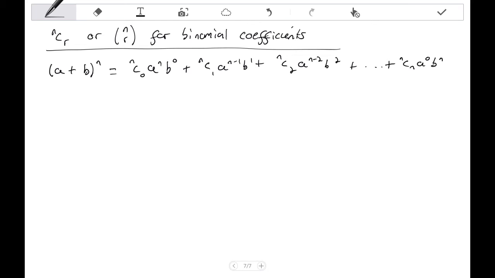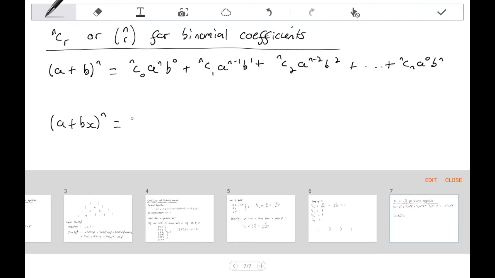I'm going to write out one other form, and it's the form that I'd like you to remember. I'm going to do the expansion for a plus bx to the n. I'm now going to write it without the power of 0, like this.